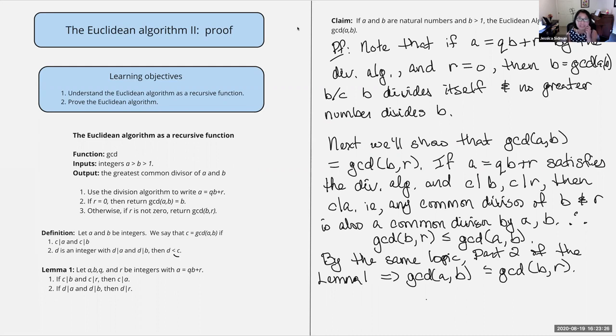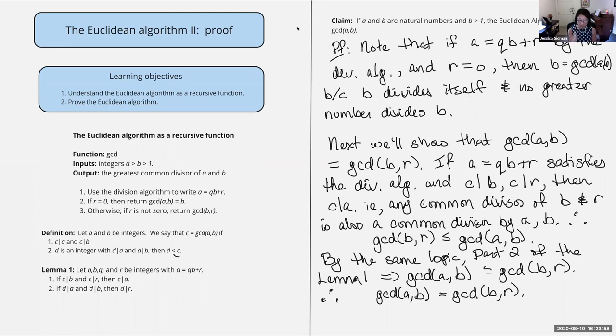I'm going to leave you to try to work that out yourself. It's really the same as the argument we had before. You should pause the video and see if you can write that out. But putting those two things together, what we know now is that the GCD of A and B has to be equal to the GCD of B and R. Oh, and that's what we wanted to show, right?